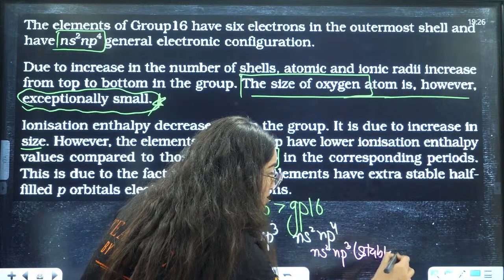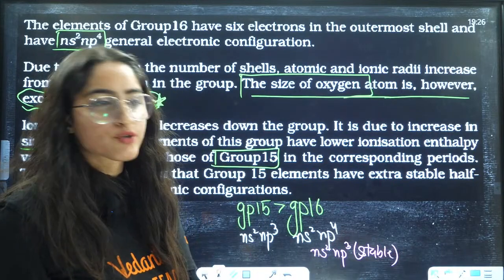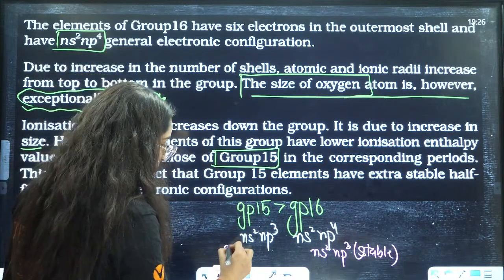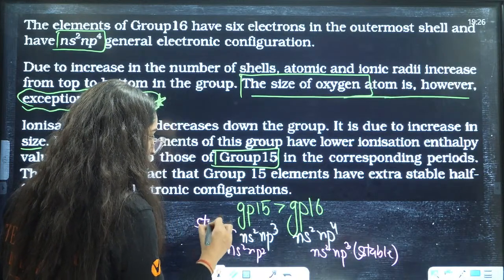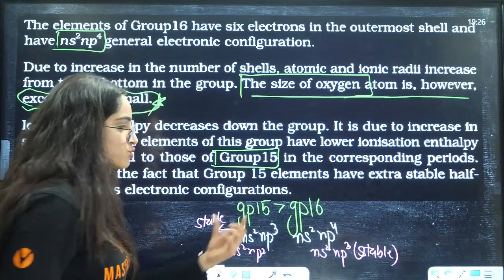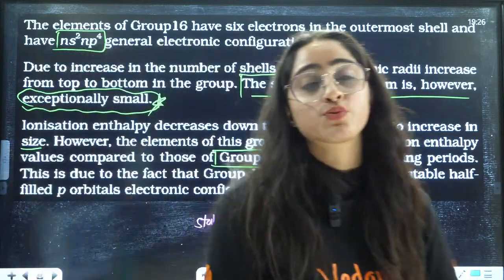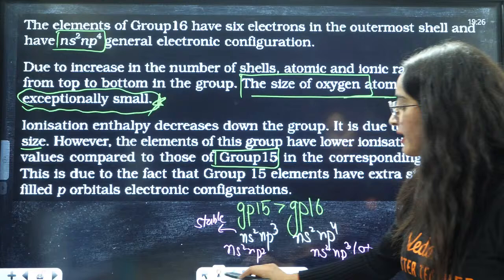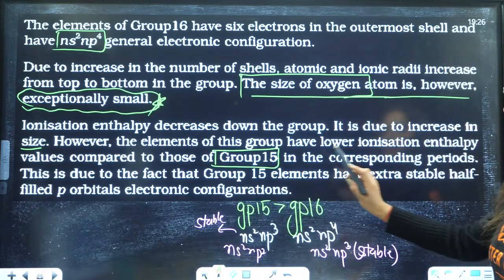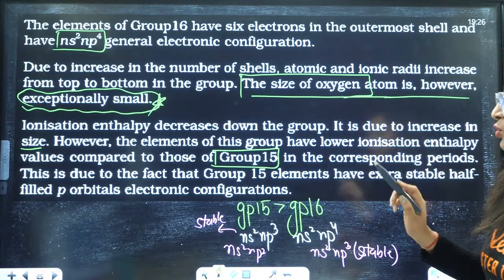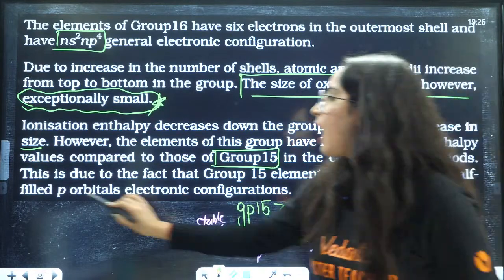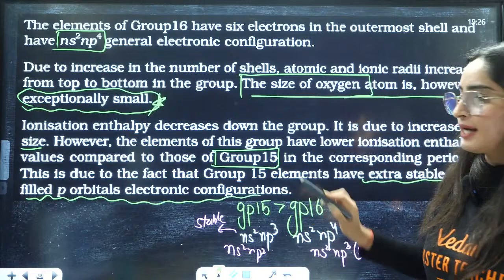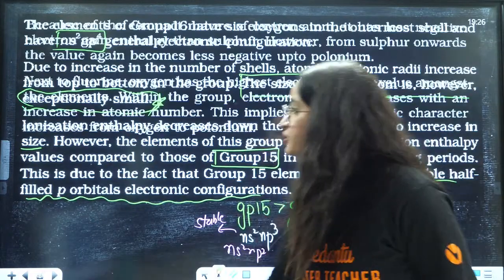So group number 16 wants to lose the electron, but in group 15 it would become ns2 np2, and here this state is more stable. That is why it does not want to lose the electron. That is why group number 15 has more ionization energy in the corresponding periods. This is due to the fact that group number 15 elements have extra stable half-filled p orbital electronic configurations.